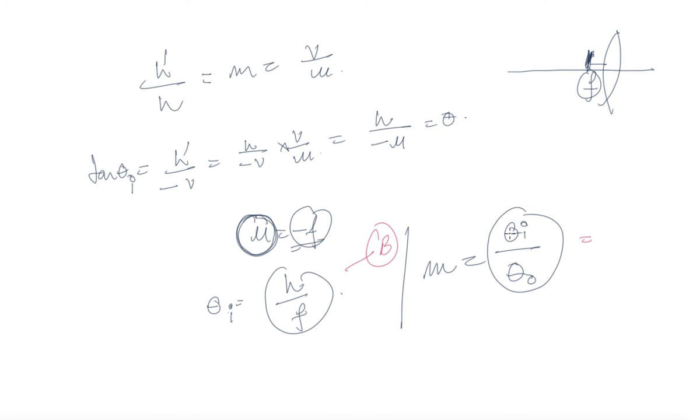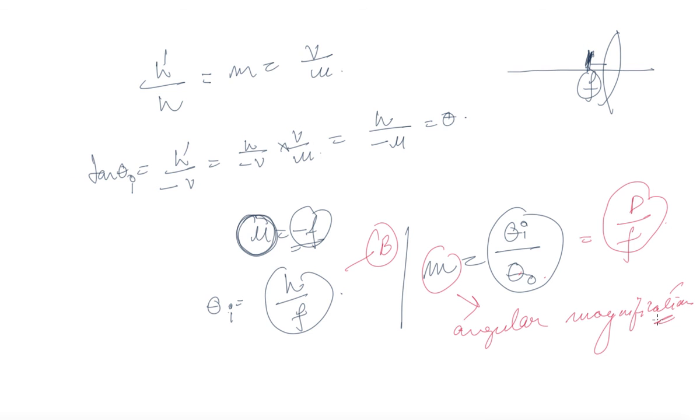So if you take theta I upon theta naught, what you have is d upon f, and this is our m, where m is known as the angular magnification. So this is how we can understand the working of a microscope.